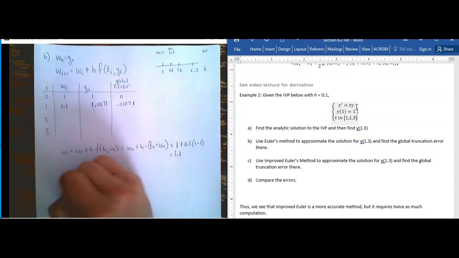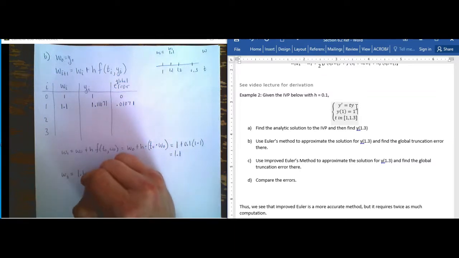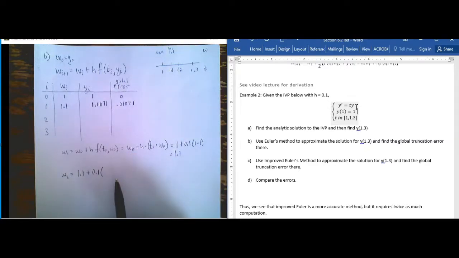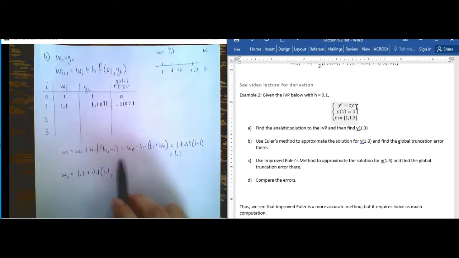Now for w2. For w2, we need w1, 1.1, plus h times the previous t times the previous w.